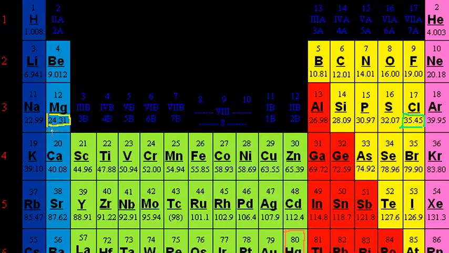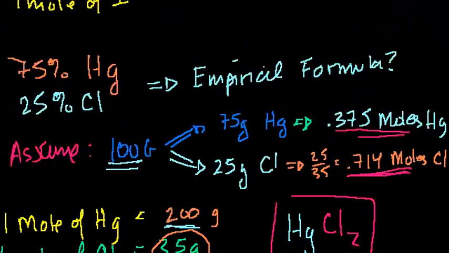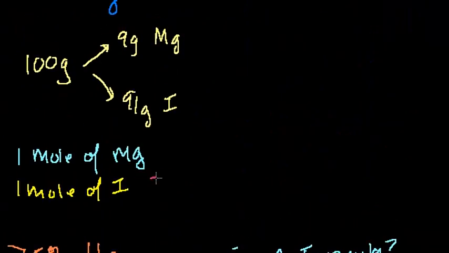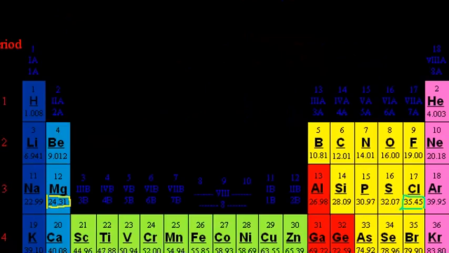Magnesium is 24, and since we're already down here, what's iodine? 127. Iodine is one of the halogens. So you have 127 and you have 24. Let me write those down. So you have 127 and you had 24. All right, I have a bad memory too. So what was it? Magnesium.